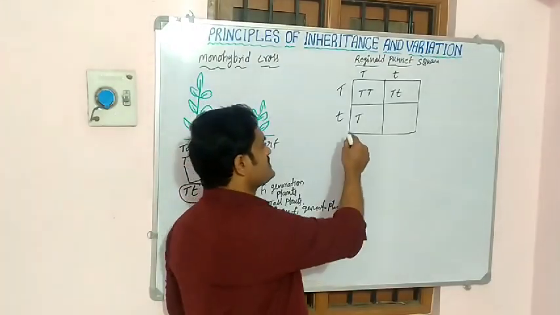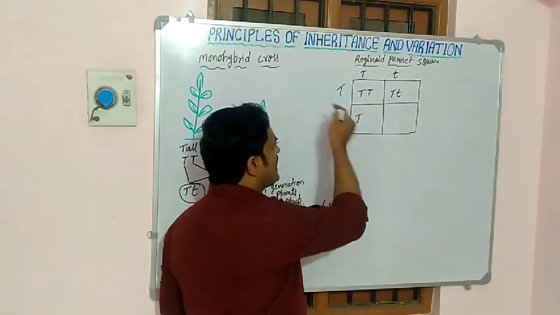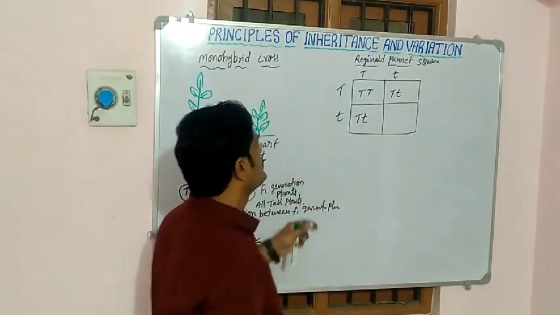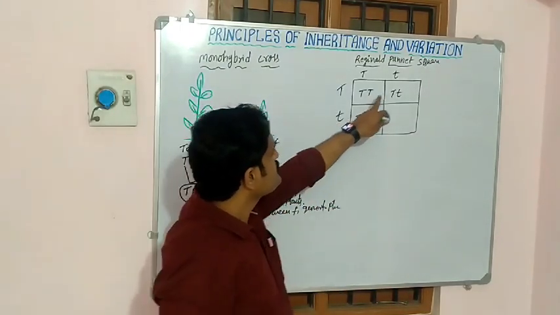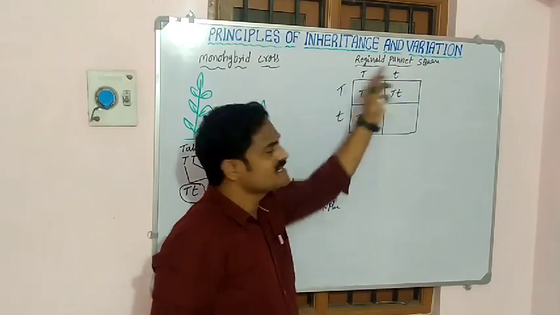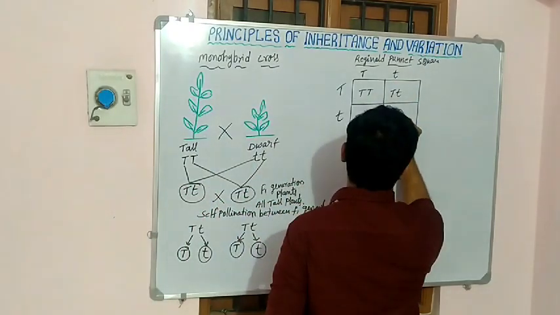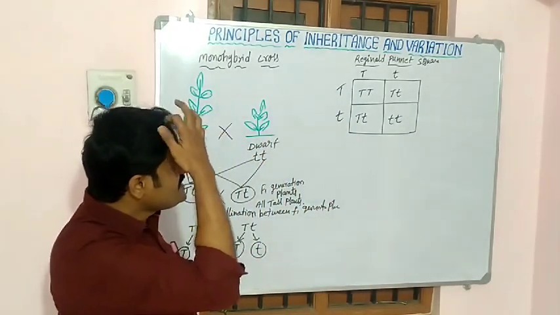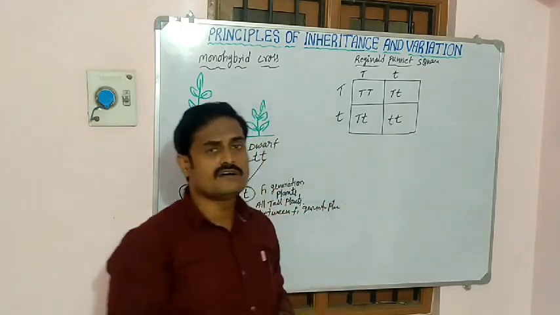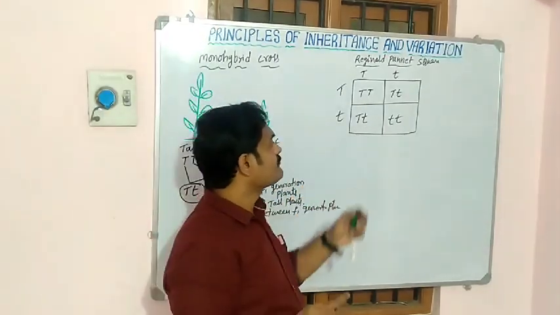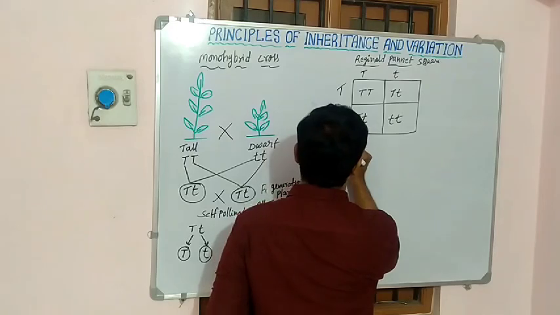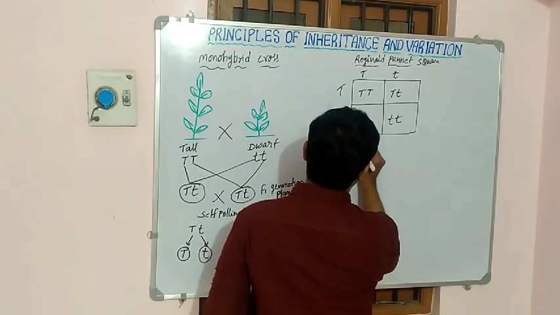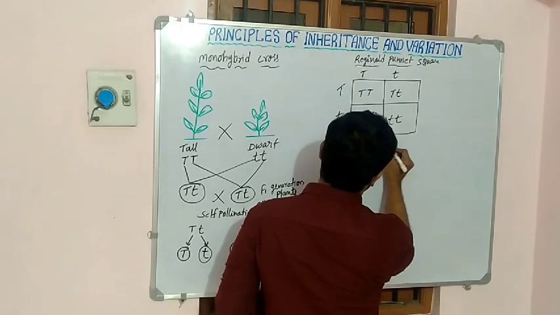For understanding purposes, first write capital T and then small t. So capital T, small t. Then small t is fused with the small t, giving small t, small t. So these are the plants forming in the F2 generation.